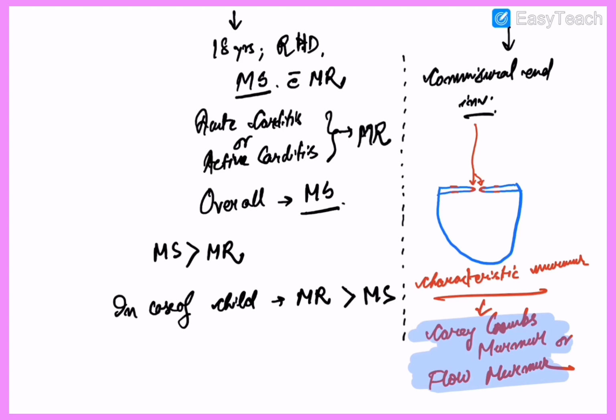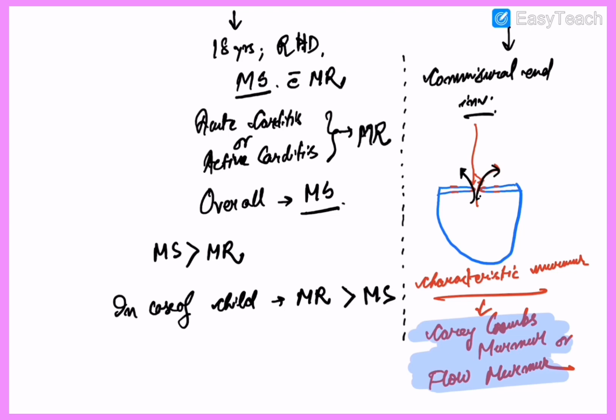Why is the flow murmur heard? In mitral regurgitation, blood flows from the left ventricle to the aorta. But since the left atrium is filling from both sides, by regurgitation as well as normally, its pressure increases, and extra blood goes from the left atrium to the left ventricle.